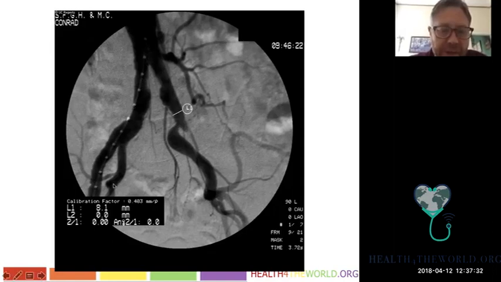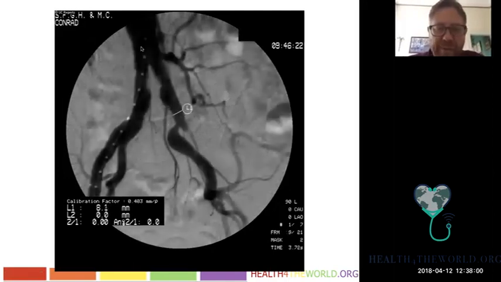Here's the internal iliac artery. Here's the superior gluteal artery doing its characteristic sweep through the roof of the greater sciatic foramen. Here is the left common iliac artery. Here's the left internal iliac artery. Here's the left external, and boom, it's out. So we see that it tapers down, and then we just have some collaterals. We're not sure what those are called yet, but let's keep looking.